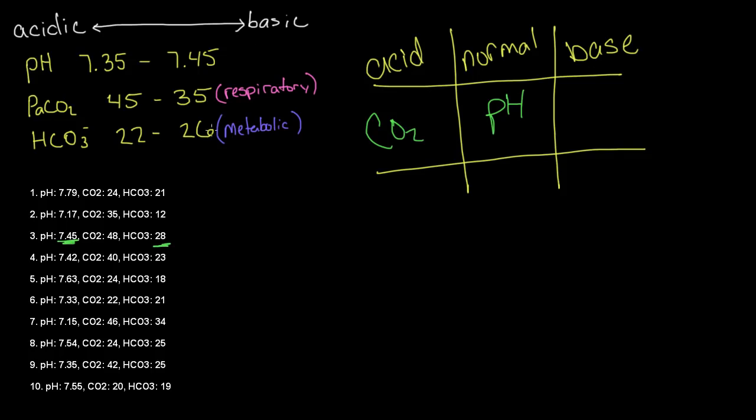It is basic though, so we write down our HCO3 in the basic column. Okay, so when this happens, when our pH is normal and our other two parameters are both abnormal, we know that we have a case of full compensation. So we can write down fully compensated.